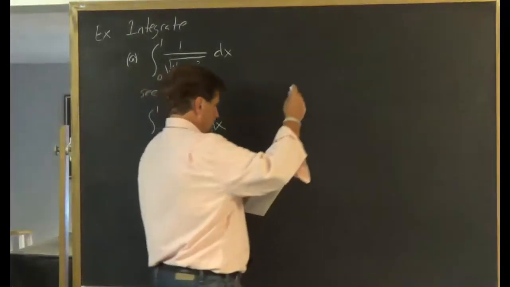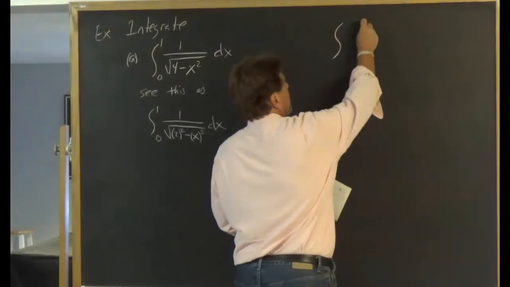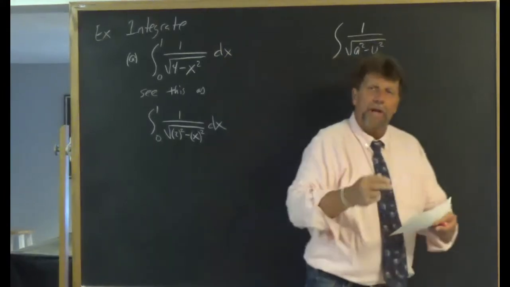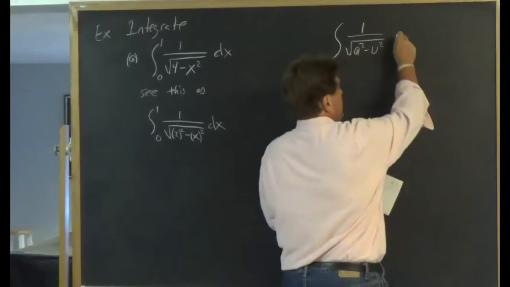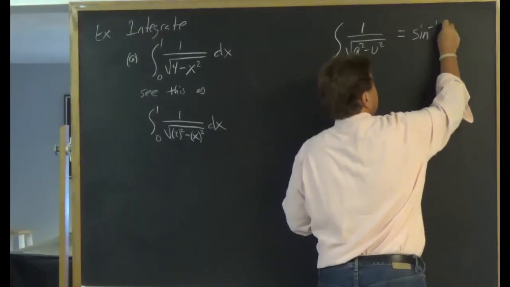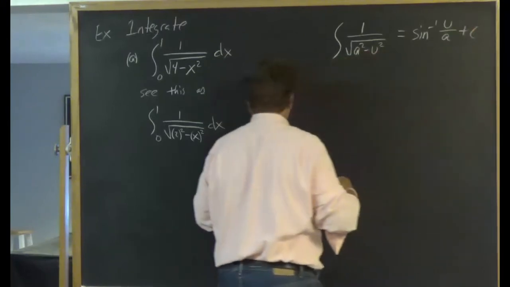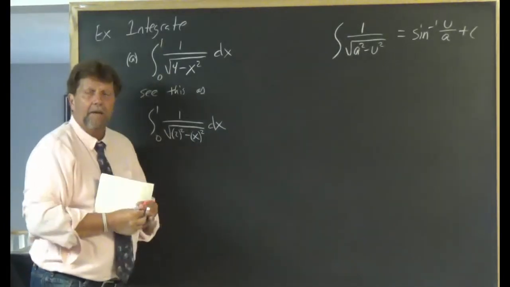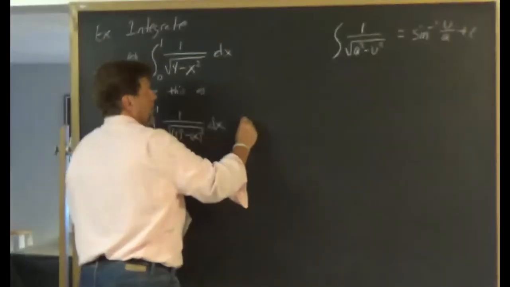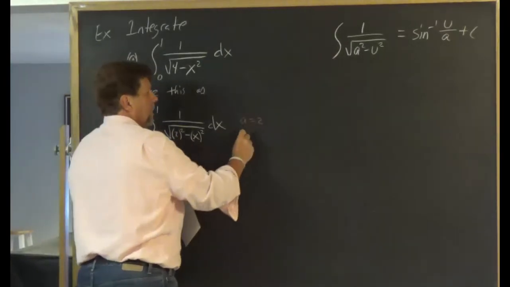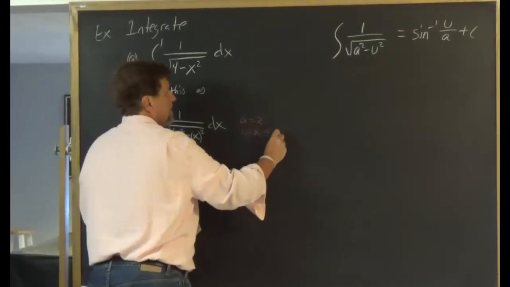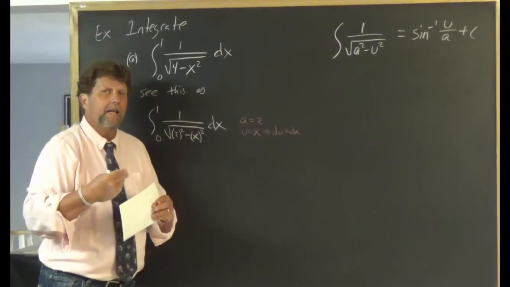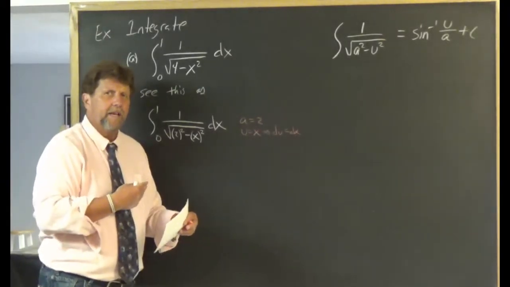And now we know that the integral of 1 over the square root of a squared minus u squared produces an antiderivative of inverse sine u over a plus C. So when I see the original integral like this, I immediately have a is 2, u is x, which implies du equals dx, which is good for me because I know I'm not going to have a little extra multiplier in the antiderivative here.